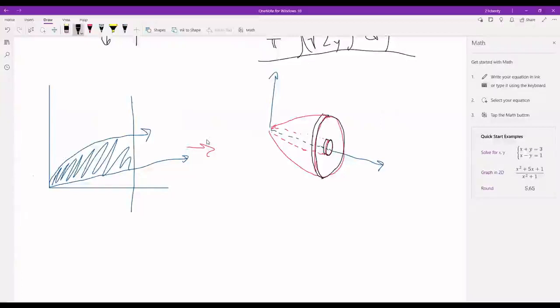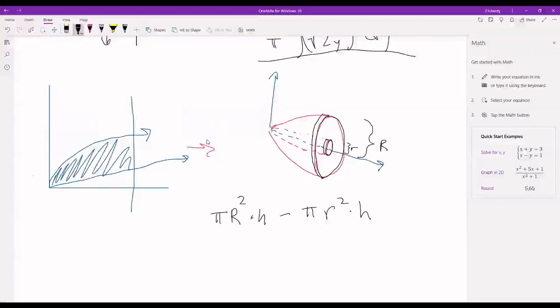So what we can do is, we'll call this big R, like Grabowski does. And then this smaller one is small r. So the bigger radius, or the bigger cylinder, would be pi r squared times height minus pi little r squared times height.